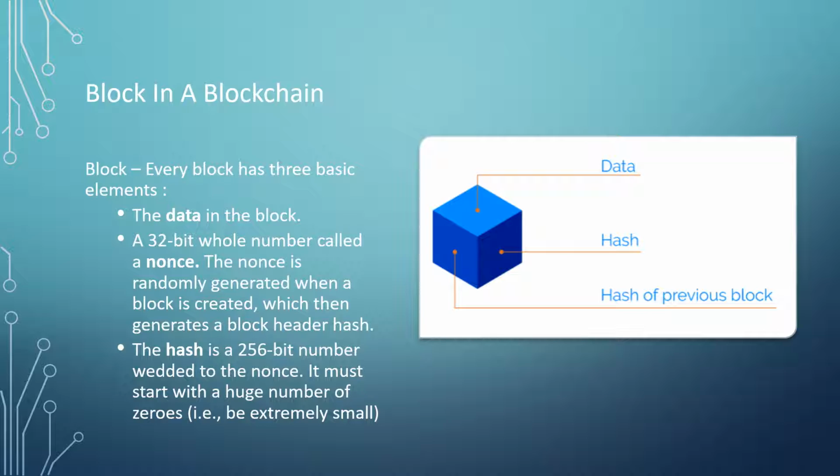So, block 4 will contain the hash of block 4 as well as block 3, and block 3 will contain the hash of block 3 and block 2, and similarly the chain will continue. Since the current block contains the hash of the previous block, it is connected to it, not physically, but you can say in a virtual sense. Like the current block knows the location of the previous block, and this is how the chain is connected.